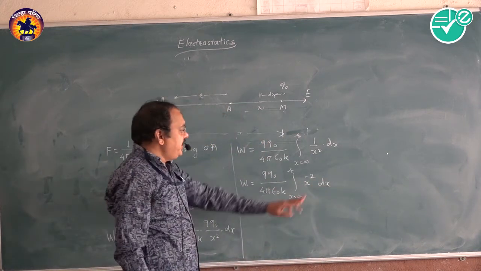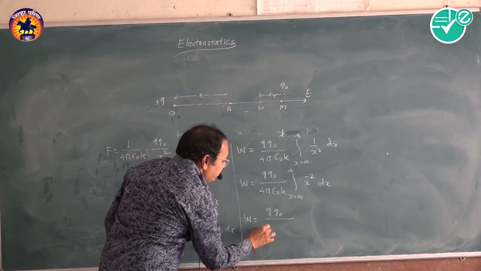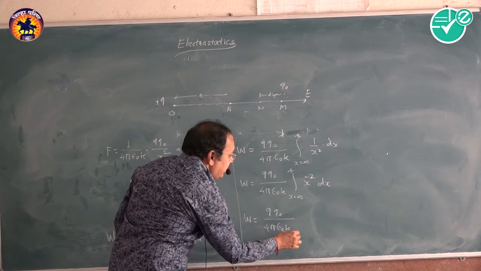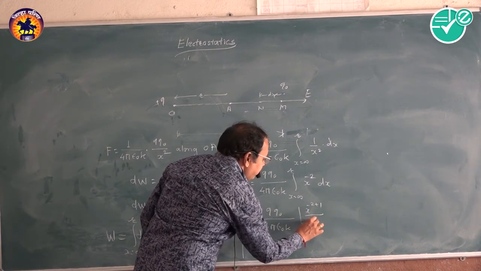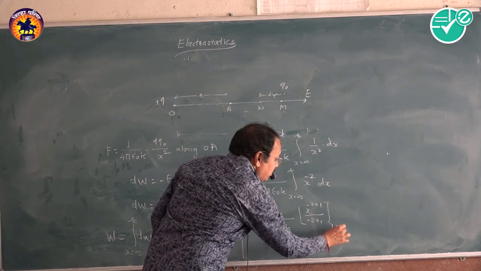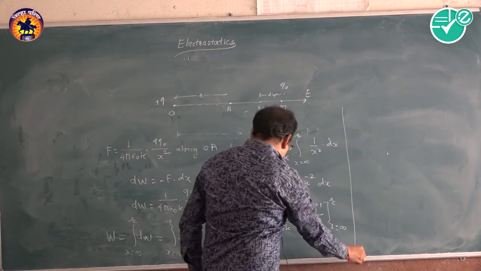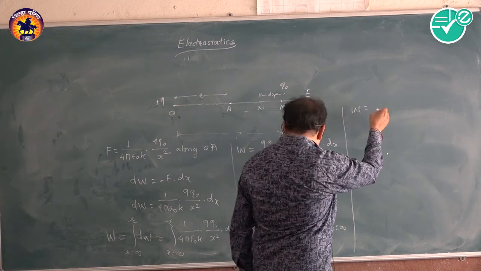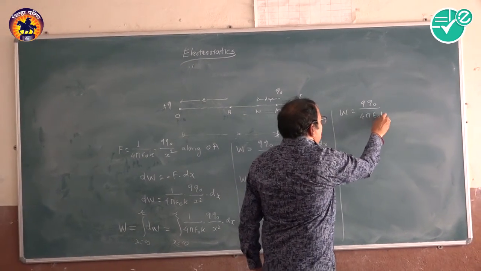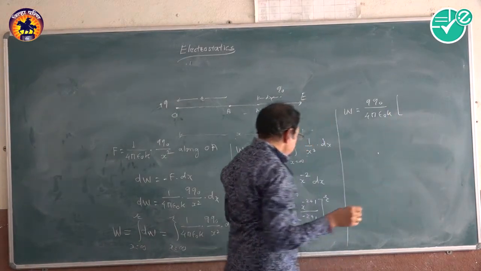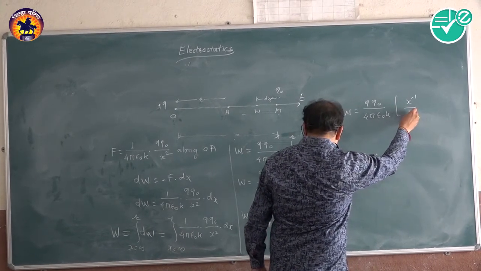After solving that integration we get W equals q naught upon 4 pi epsilon 0 k into x raised to minus 2 plus 1 divided by minus 2 plus 1, from x equal to infinity to R. Here minus 2 plus 1 becomes x raised to minus 1 upon minus 1.